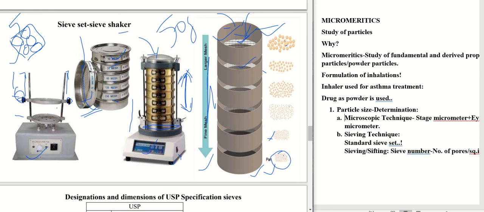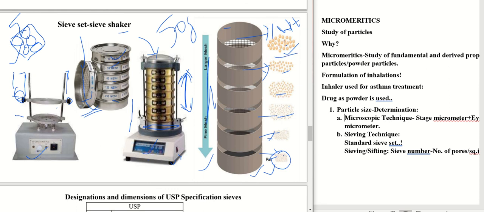At the end of the experiment, after 20 minutes, take out the sieves, separate the powders from each sieve, and weigh each sample from each sieve. So we will be able to get the percentage weight for each particle size.